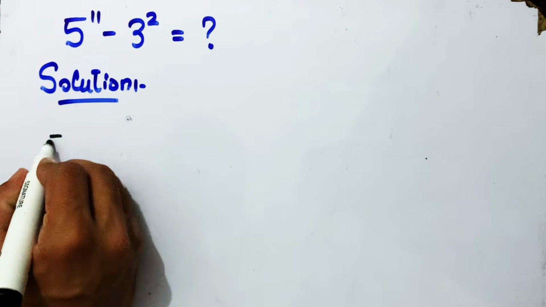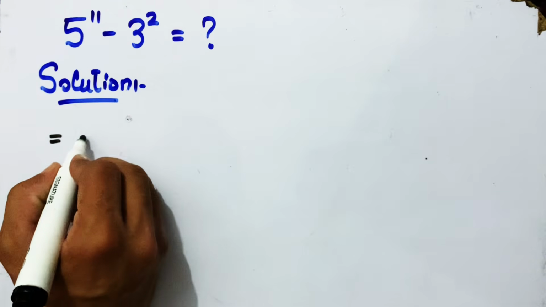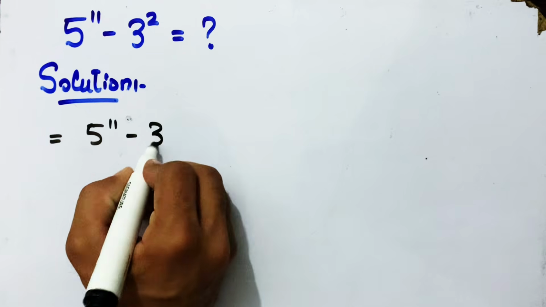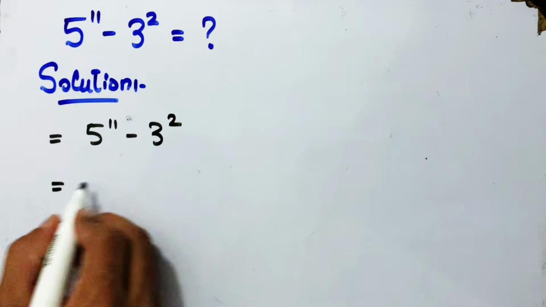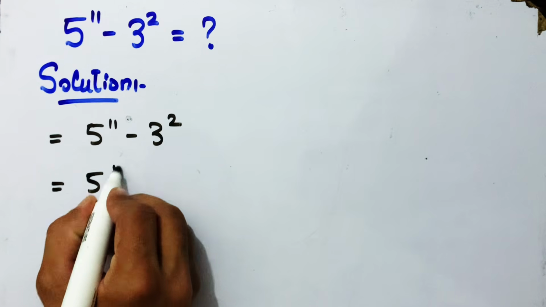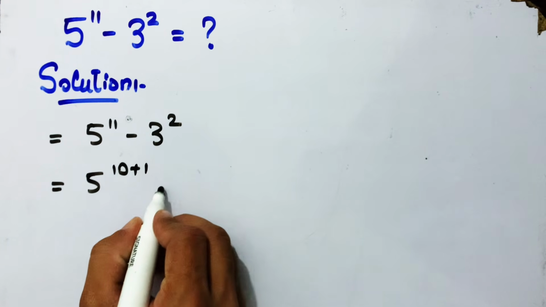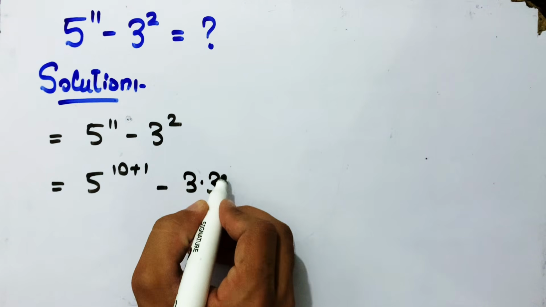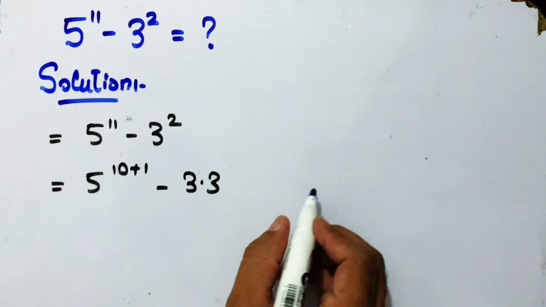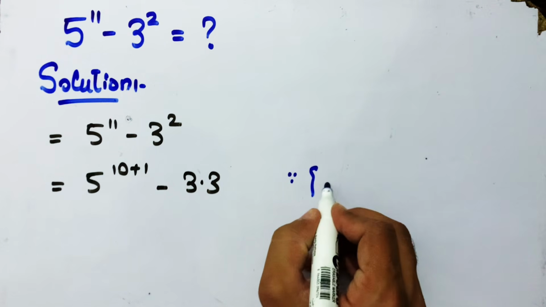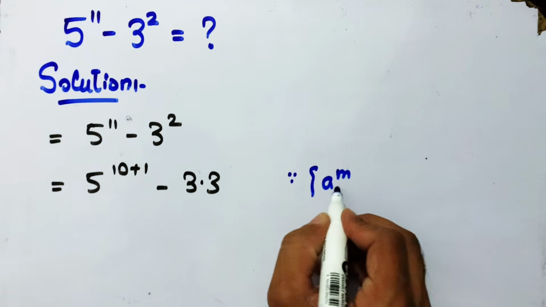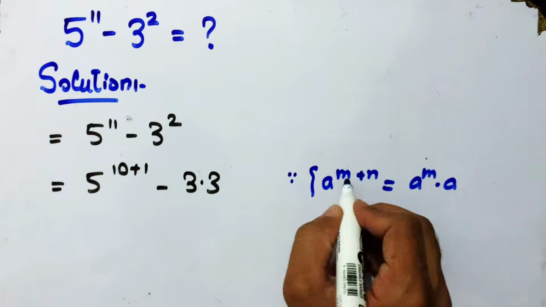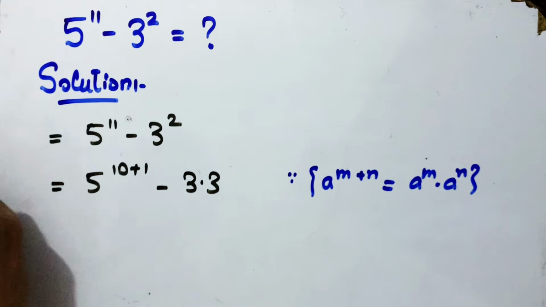Our problem is 5 to the power 11 minus 3 squared. If I write 5 to the power 11 as 5 to the power of 10 plus 1, and 3 to the power of 3 into 3 as 3 to the power of 9... when we have the same base, the powers are added, so we separate out the powers with the same base.